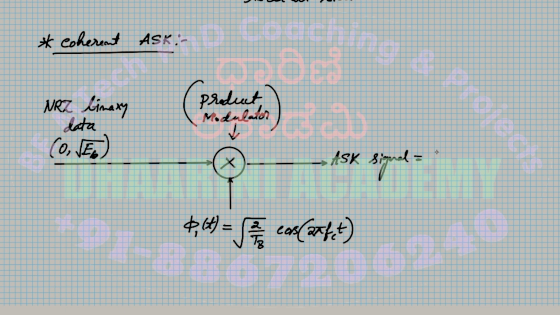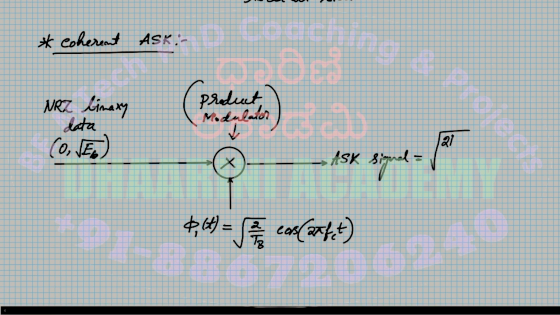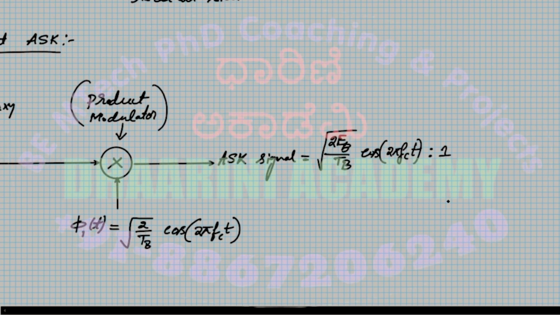So this is equal to root of 2 times EB divided by TB. I'll use a capital for all, so root EB TB, everywhere the B in EB and TB is capital, into cos of 2 pi FC t, which will be the output whenever the symbol is 1. And this is going to be 0 whenever the symbol transmitted is 0. So this is the equation of the ASK.